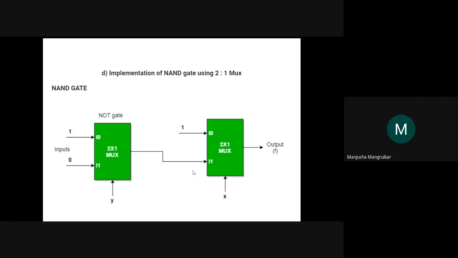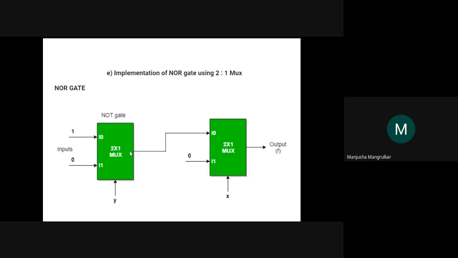So the function f is equal to 0. So this is the complete design of a NAND gate using a 2-to-1 mux. These connections satisfy the truth table of the NAND gate, right? So we need to think logically about how we will design and satisfy the NAND gate using these things, right?